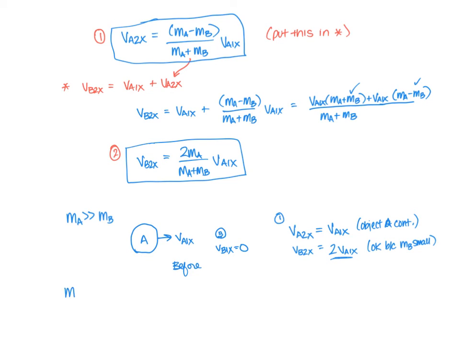Now, another case would be, of course, if A is a lot smaller than B, so it's really the reverse. So here's A. A lot of times they compare this: the big object is like a bowling ball and the small one is like a ping pong ball.